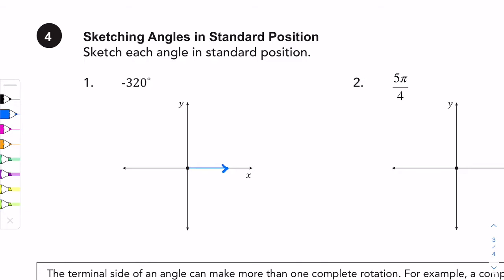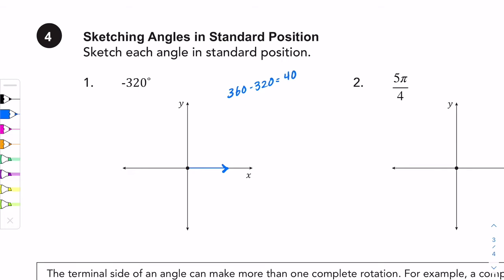So I'm going to think to myself, I have 90, 180, 270, and 360. So in my head, I know that 320 is 40 degrees away from 360. So that means I'm going to make almost a full rotation minus 40 degrees.